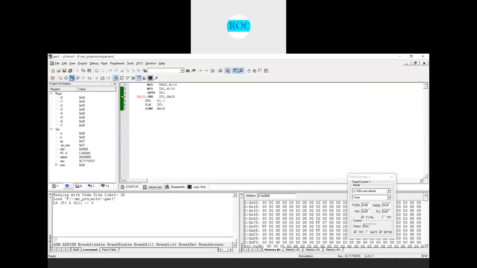Now it is A, and the overflow flag is still not set because it has not reached the maximum count value of FFH. Now it is F3, F5, F7, F9, FB, FD, and now FF. Since it is FF, after this clock cycle, what will happen? It will set the overflow flag. Once the overflow flag is set, the initial value we have in TH1 has to be copied to TL1.